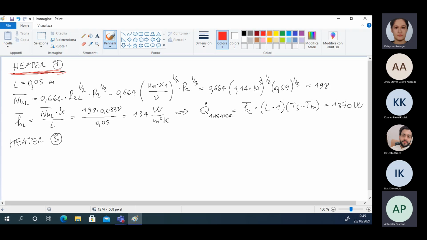Heater number 5 is half in the laminar flow, half in the turbulent flow. So, what is the procedure? The procedure is to evaluate the transfer rate from the beginning up to heater number 5 with the correlation that now I write to you, that includes both laminar and turbulent flow.